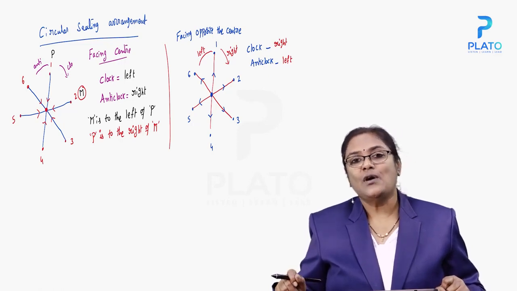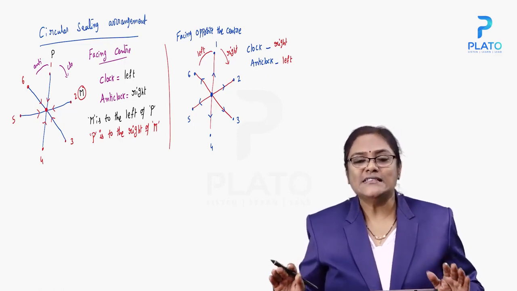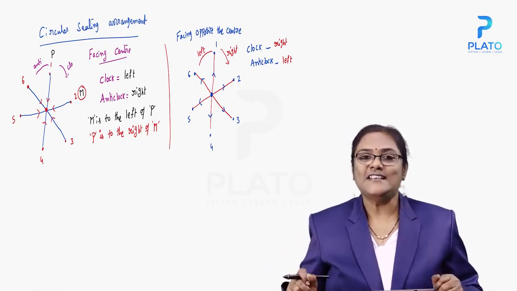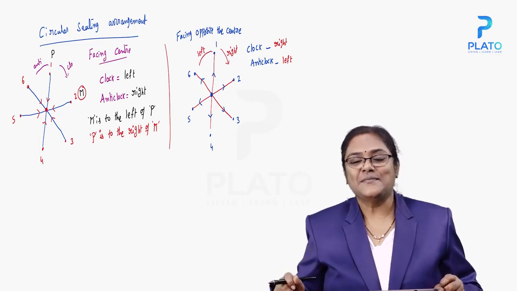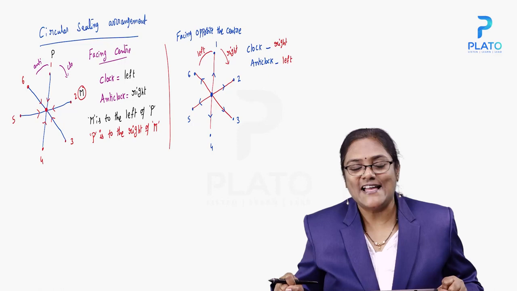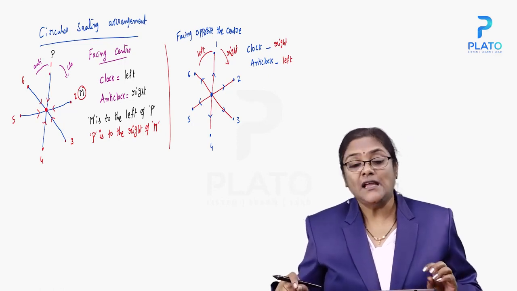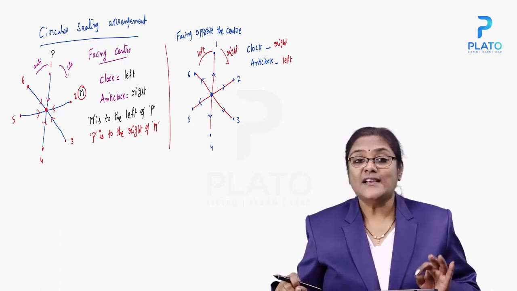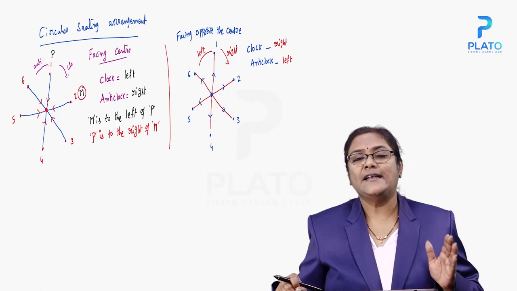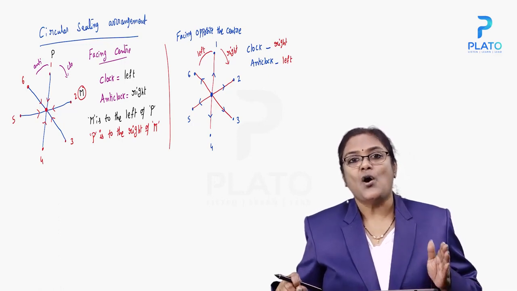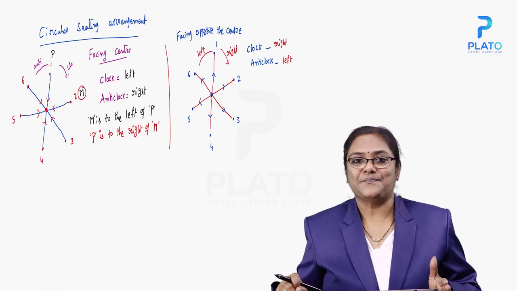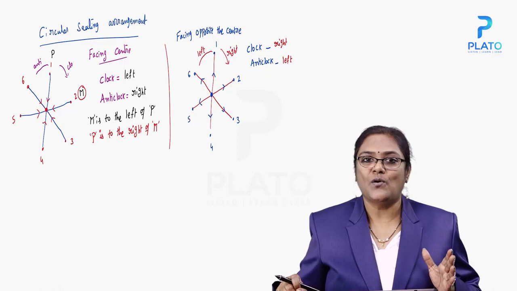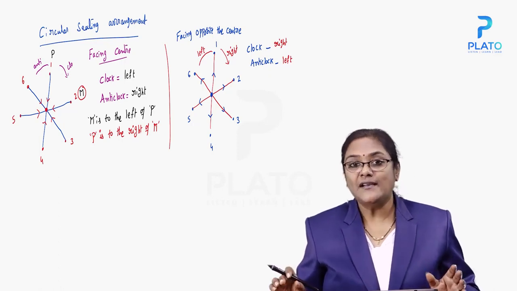So I always advise you that when nothing is given, then always take that people are facing the center. Because we are very comfortable with the first model that clock is left and anti-clock is right. So when direction is not given, nothing about facing is given, then by default you understand that all the people are facing the center. That time from every person, clockwise direction is left and anti-clockwise direction is right. Am I clear, my dear friends?